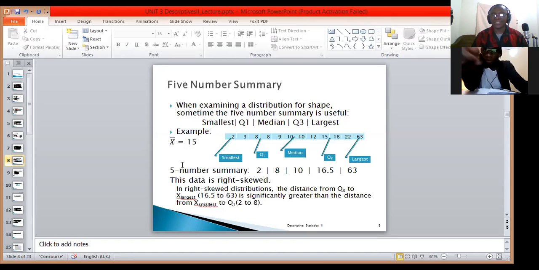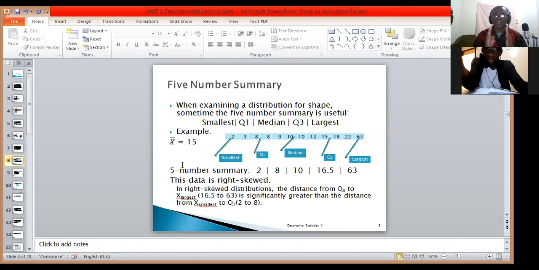From the middle, the numbers to our left-hand side.